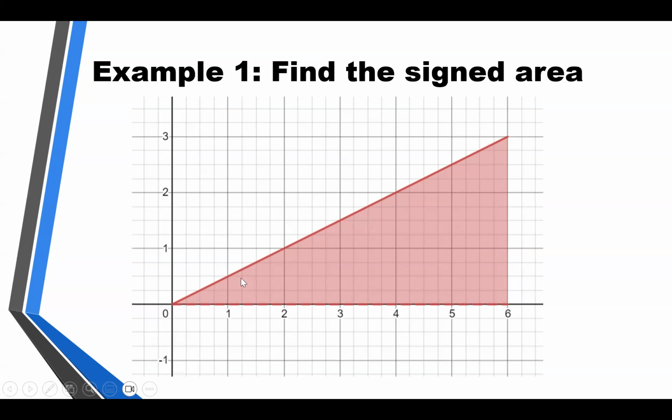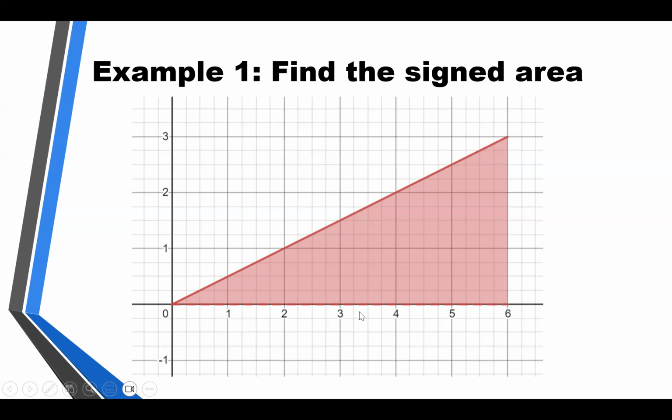Now, the signed area is going to be this area shaded in red. And in this instance, since our line is always above the x-axis, this area is going to be counted as a positive. And we can visually see that this area is just a triangle.